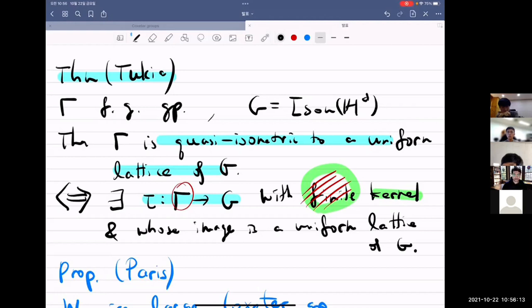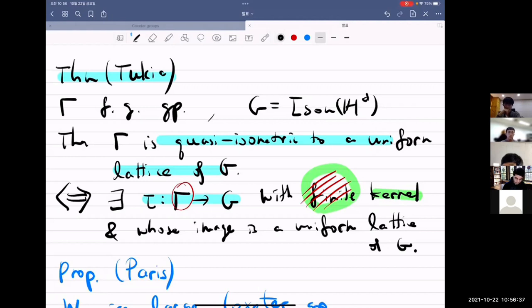And W prime and W differ by finite index, so W should also be quasi-isometric to the uniform lattice. But Tukia says that we then have a representation from W to G whose image is a uniform lattice, which is a faithful representation, right?